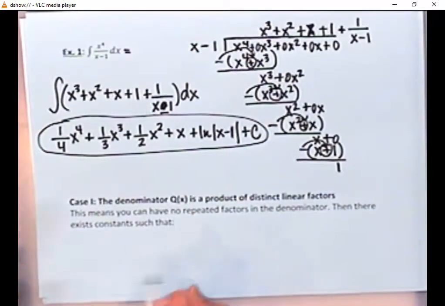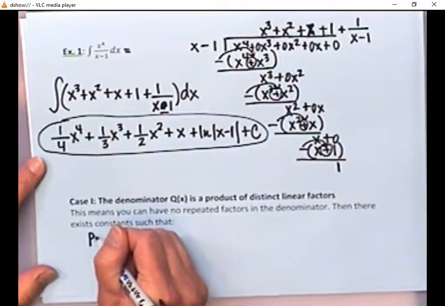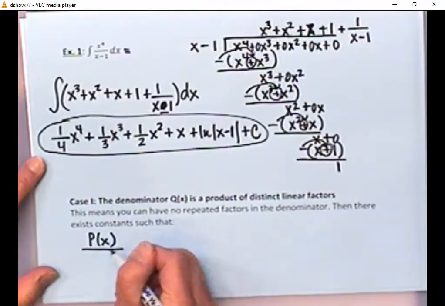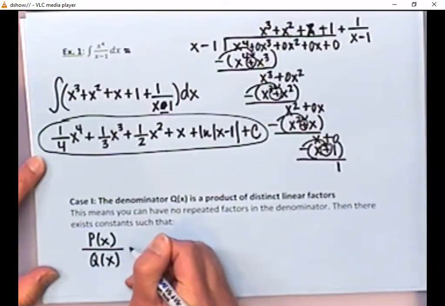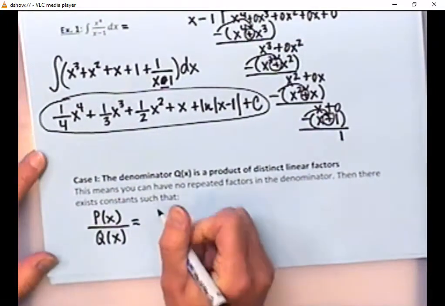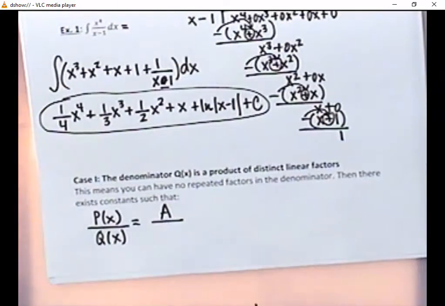So if that's the case, then there will exist constants that you can decompose it into what we call partial fractions. So we can take this polynomial, I'll call it p of x over q of x, and we will be able to find constants. And we're going to usually call them capital letters.